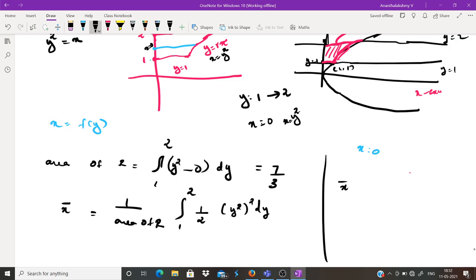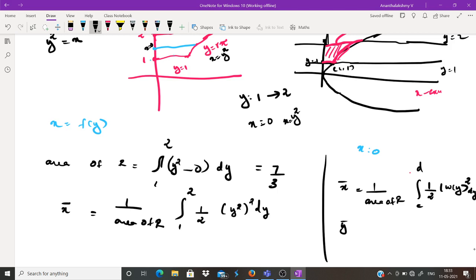The formula is x bar equal to 1 by area of R, limit of integration from c to d, half times f of y, that is w of y into f of y the whole square, dy.